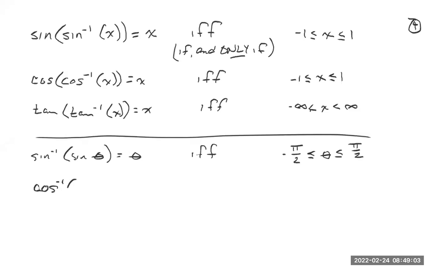The arccosine of the cosine. So we're going to take the cosine of an angle and then undo it, and it's going to be equal precisely to that angle, but only when we fall between 0 and pi, which is what we've already been playing with, first and second quadrant, right?